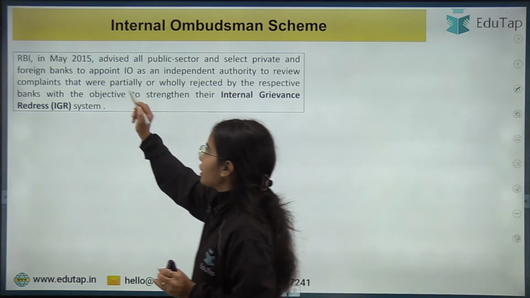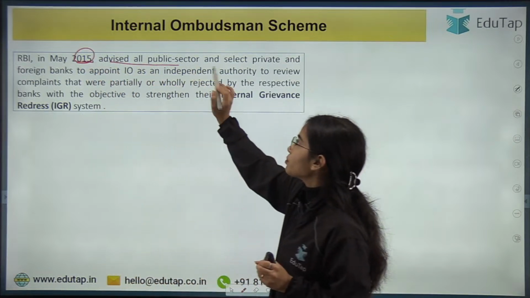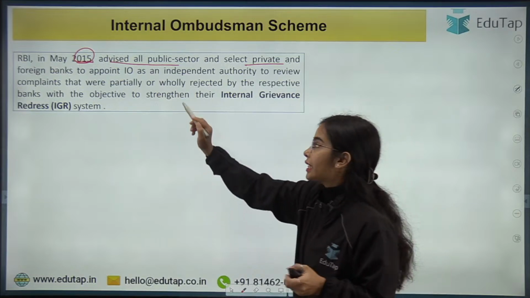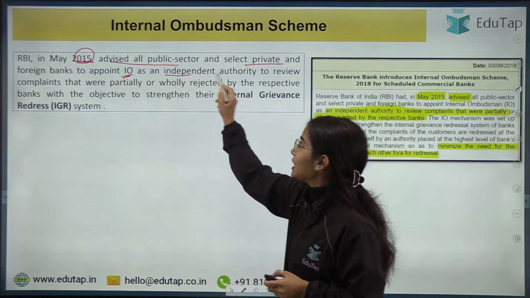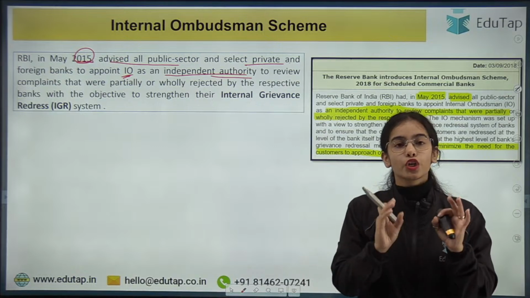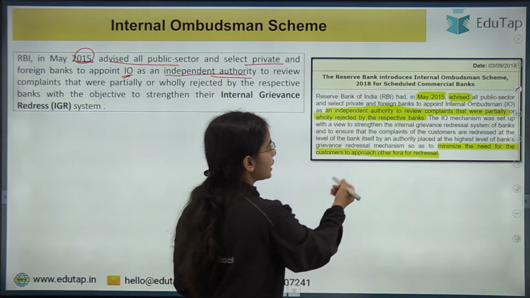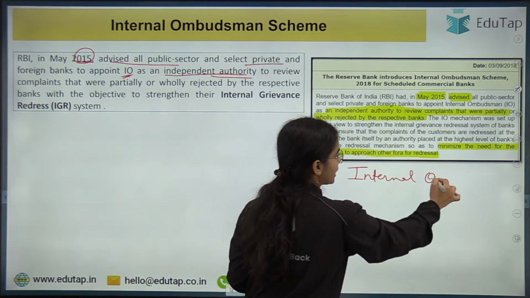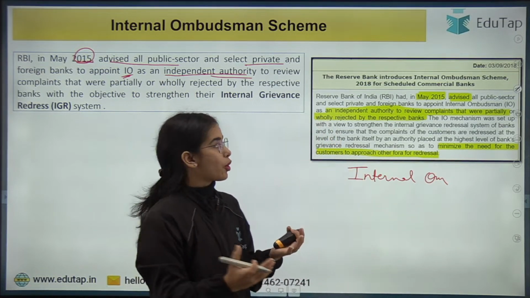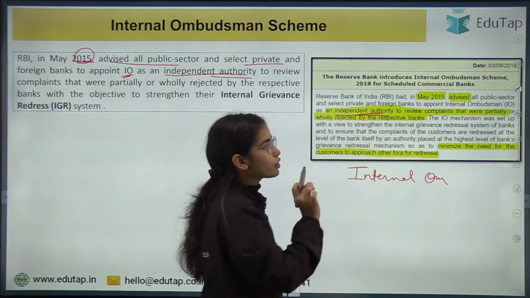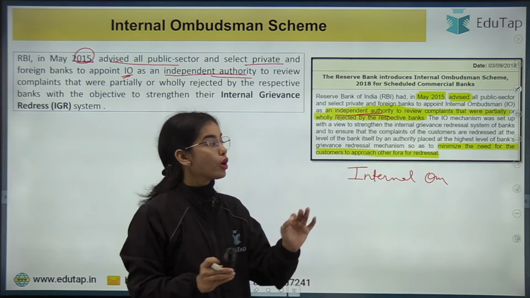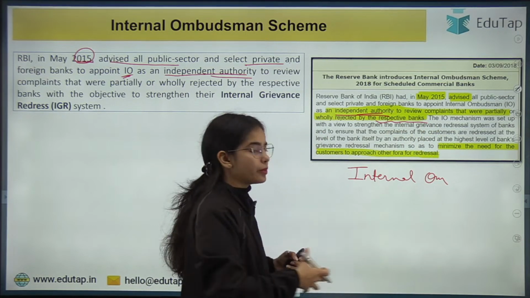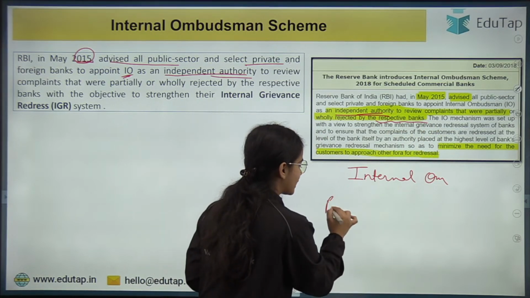So RBI in May 2015 advised all the public sector and select private and foreign banks to appoint an internal ombudsman as an independent authority. So it was said to the banks that they need to appoint the internal ombudsman as an independent body to review the complaints that are partially or wholly rejected by the respective banks. So let's say SBI, PNB, ICICI Bank are rejecting some complaints.